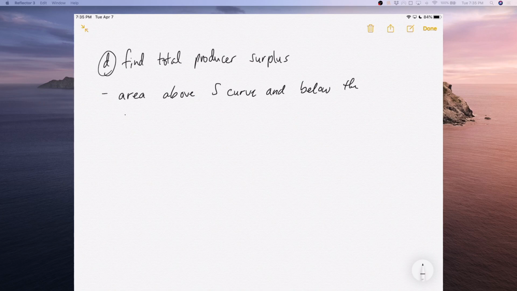Personally, I think it helps to visualize. So we're just going to draw a really rough graph here with our normal supply and demand lines. On the x-axis is Q, and on the y-axis we'll have P. We're going to draw our supply curve, going to draw a demand curve.